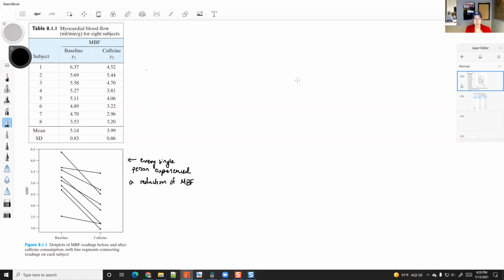And so the correct approach to the data is to treat the observations as being paired.